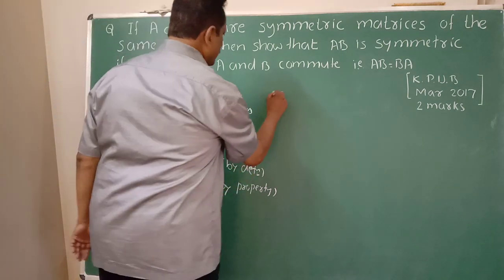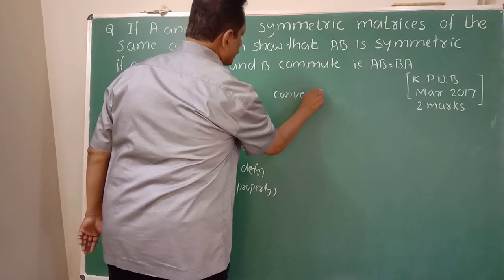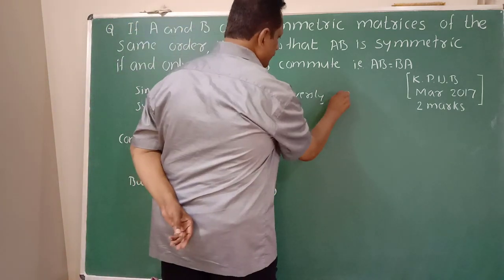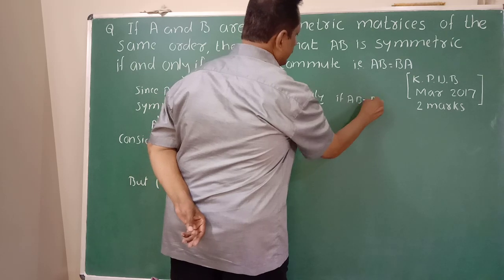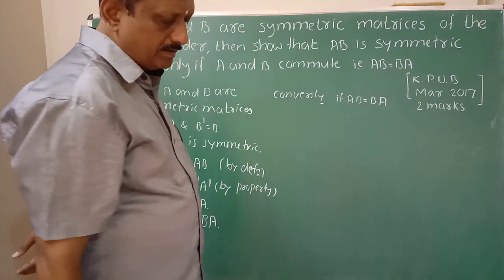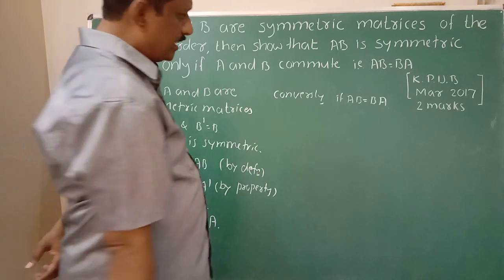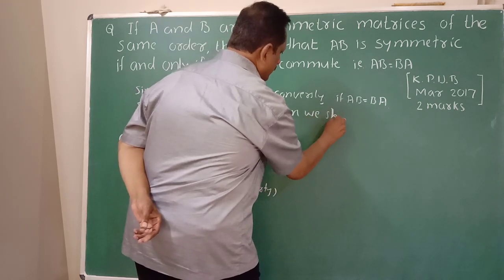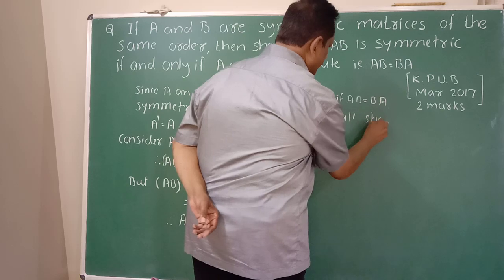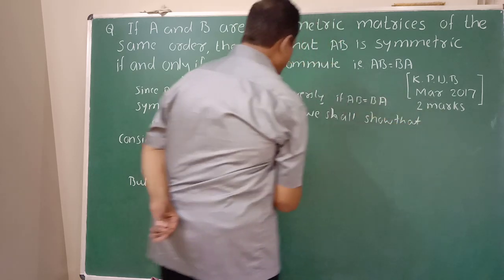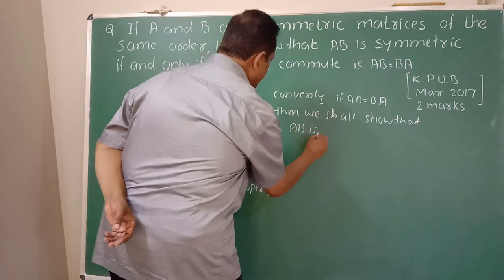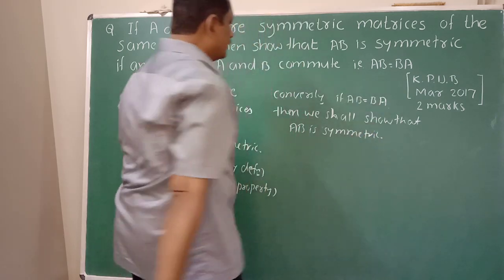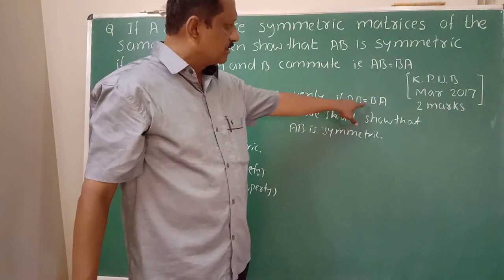Then the converse part. Conversely, if AB is equal to BA, then we shall show that AB is symmetric. Conversely, consider AB is equal to BA.